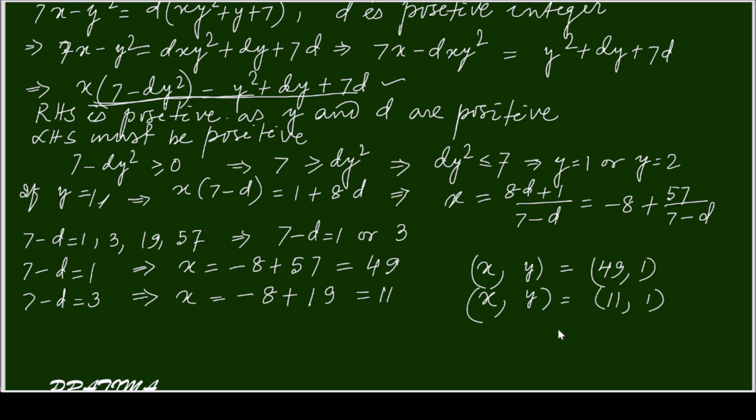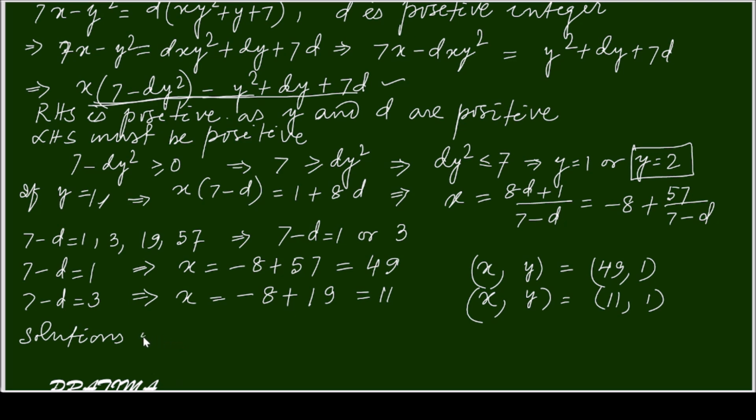These are the two possible values. And now the question is, if y equals 2, what will happen? That time you will not get an integer value of d. So this is rejected. So what are the solutions now?